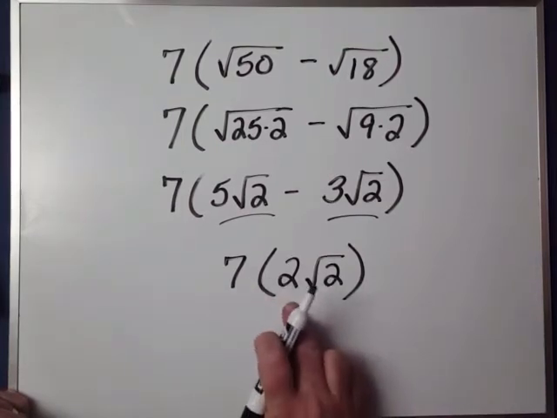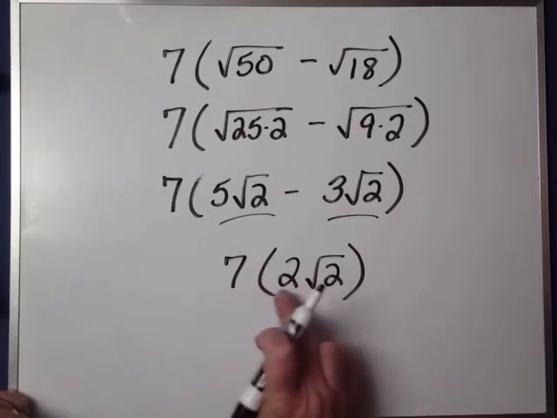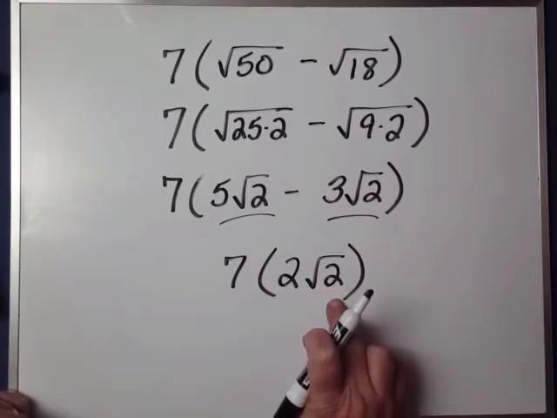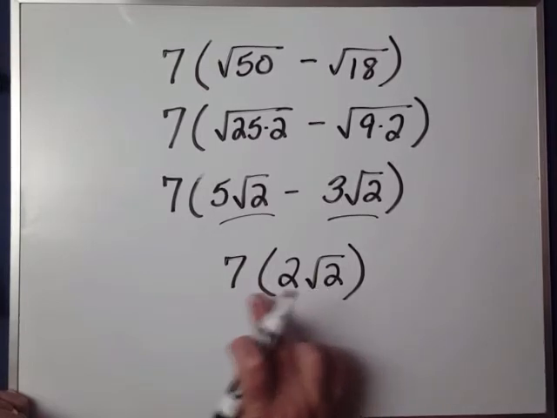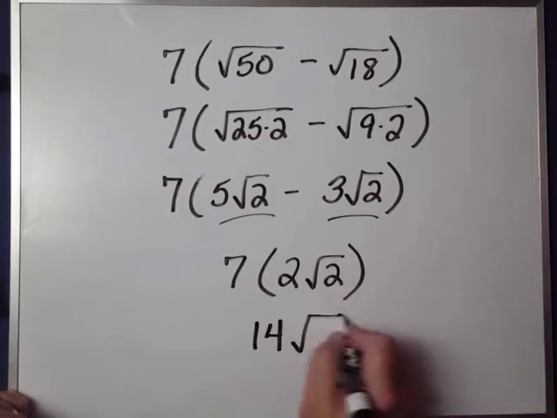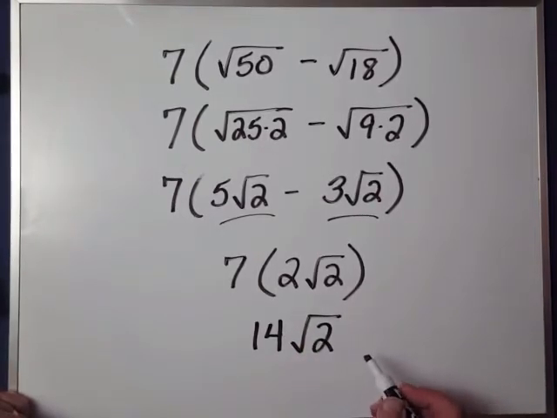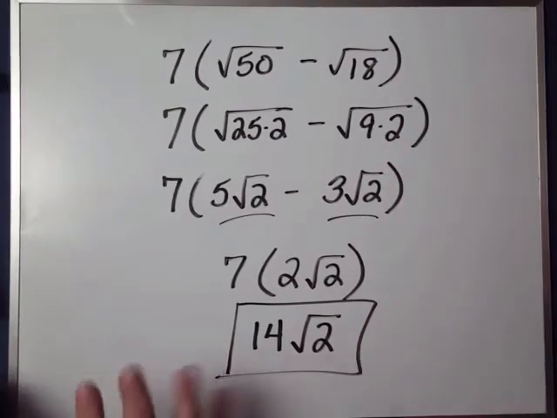I have 7 times 2 times the square root of 2. The 7 and this 2 are both outsiders, so they can see each other. 7 times 2 is 14, and we've got that square root of 2 tagging along at the end. This is probably the slickest way to work this problem.